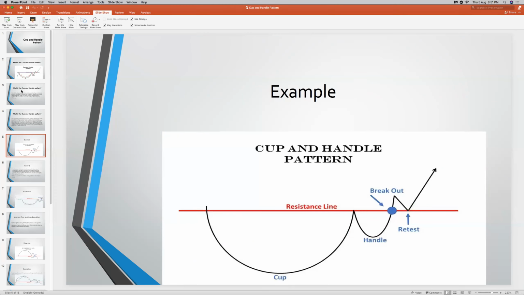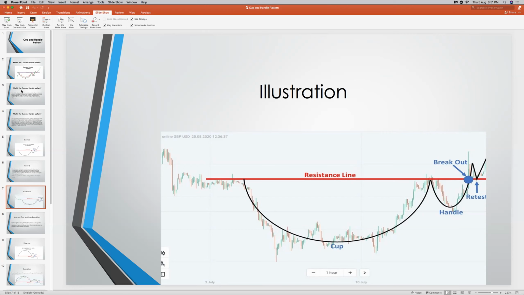Okay, question. Do you have to draw that support or resistance line before, or will you become good at it so that you could identify the pattern without drawing the support and resistance line? Okay, very good question. When we're trading and we're marking up a chart, it is customary that we look for resistance and support lines and we just put them in.